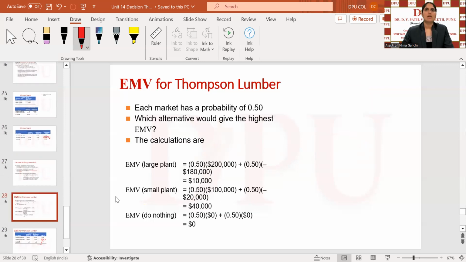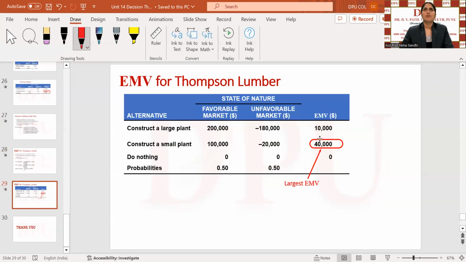These are the calculations here. And here 0.5 into 0, 0.5 into 0, so the answer is 0. These are the EMV values written here. If you are using this criterion to take a decision under risk, you will suggest going for the construction of the small plant.